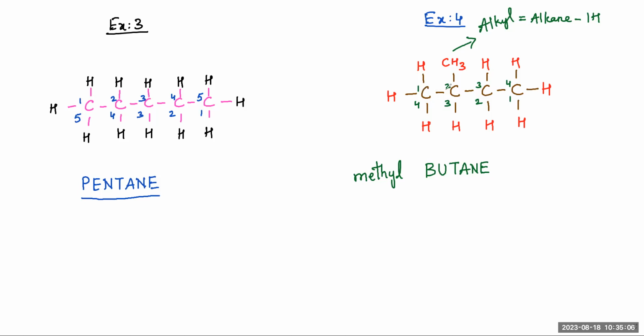So we will first have to look at the smallest number of the carbon atom to which there is an attachment. So it is now going to be 2-methyl butane, because here methyl is attached to the second carbon atom. Hope you would have understood this example as well.